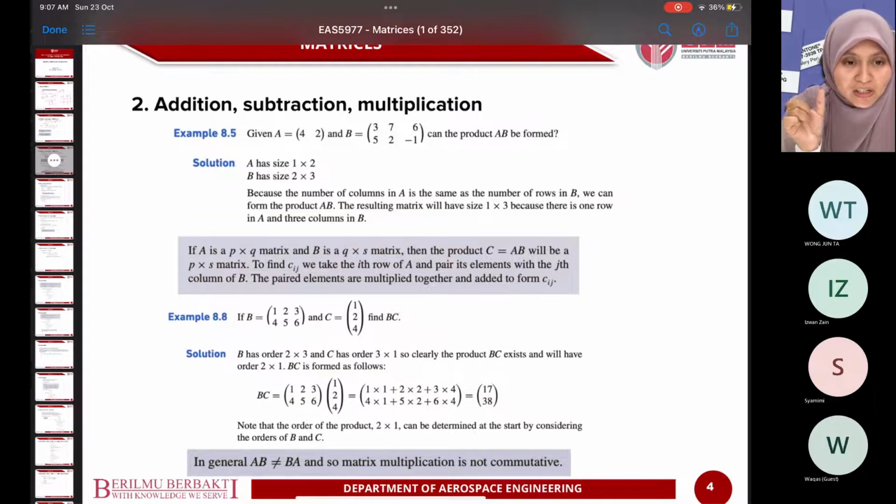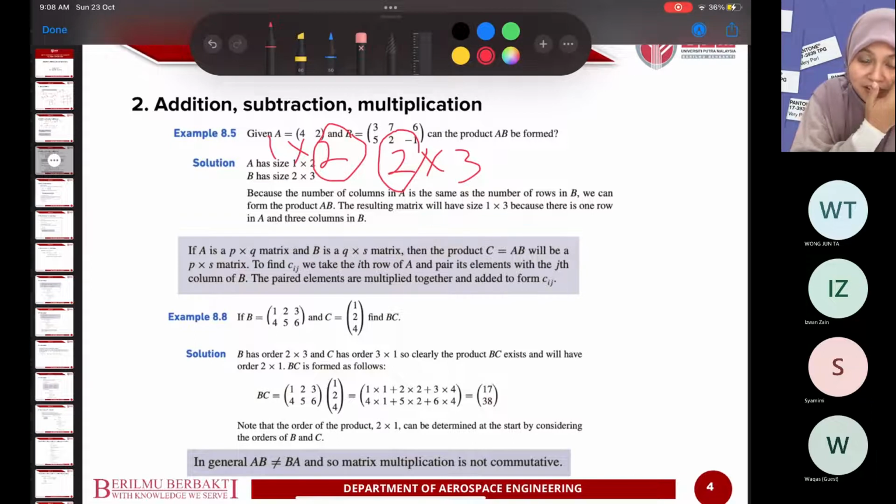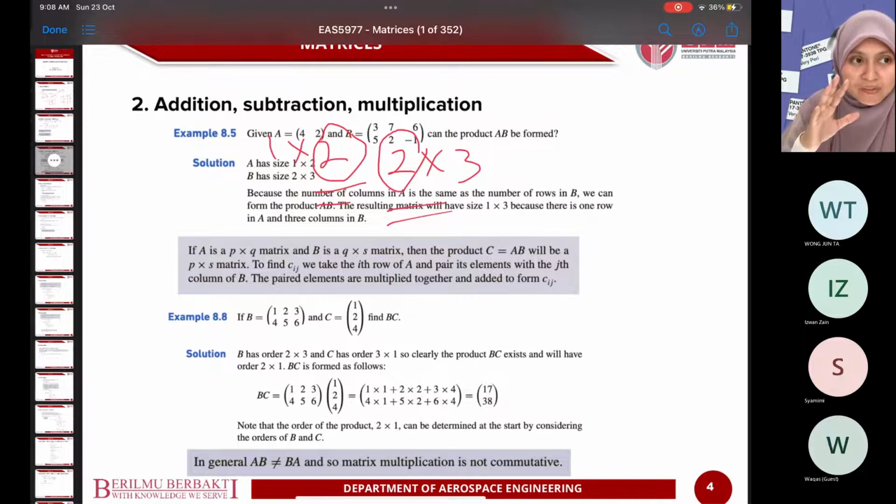If the number of columns of matrix A is the same as the number of rows of matrix B, we can multiply and form the product AB. Here, A has 2 columns and B has 2 rows, so both can be multiplied and produce the product.